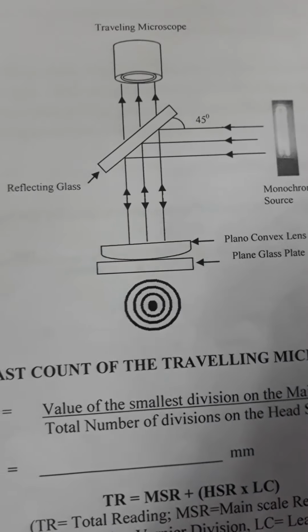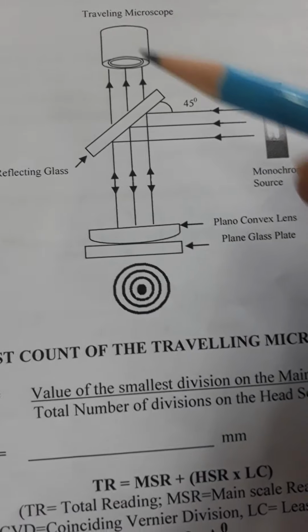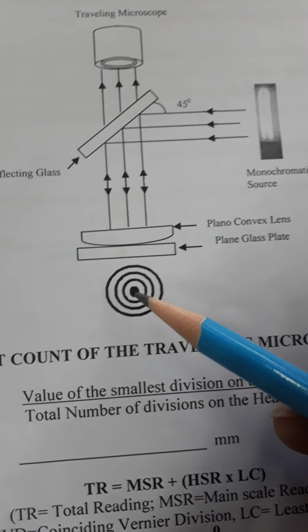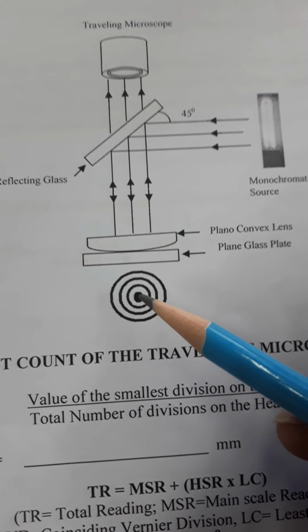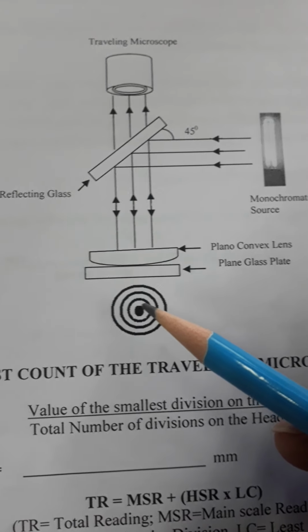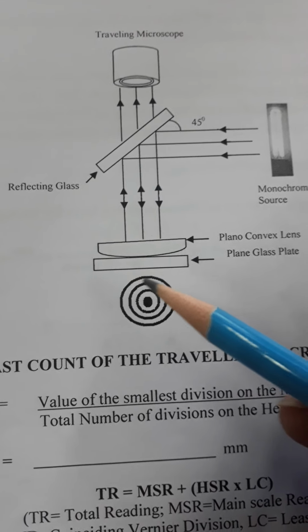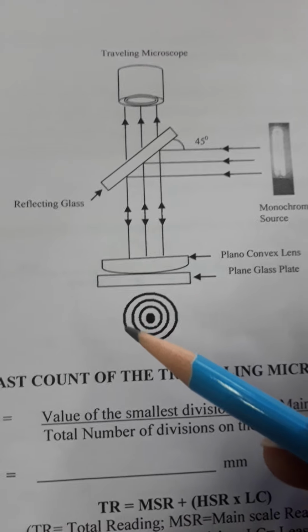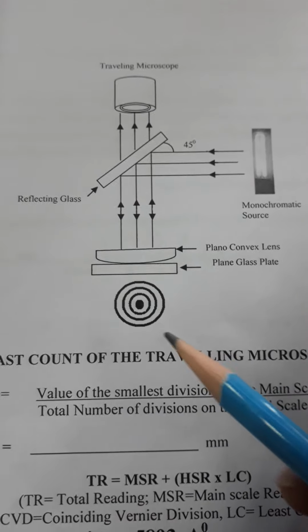Now, before we go ahead, how do we count the rings? When you look through the microscope, you can see this central spot. Whether it's bright or dark, you count that as 0. Then whichever next dark ring you see will be your first dark ring, this will be your second dark ring, this will be your third dark ring. This is how you count the rings.